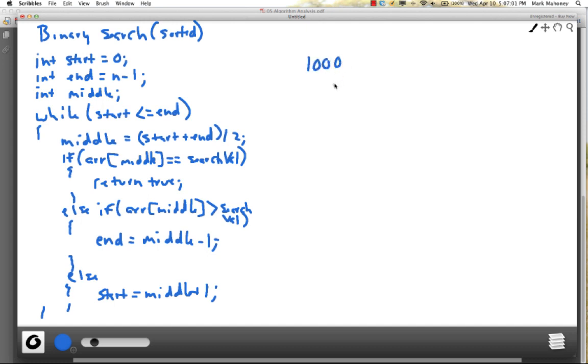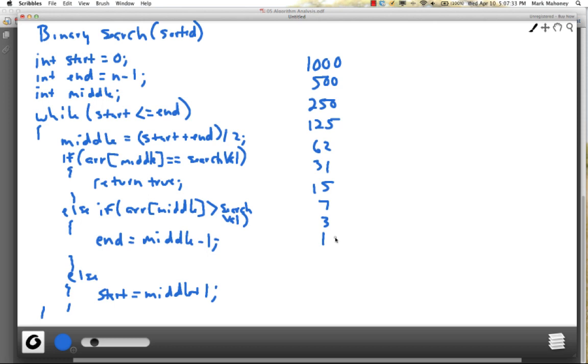We go from having to search 1,000 items to searching 500, then 250, then 125, then about 62, about 31, about 15, 7, 3, and 1.